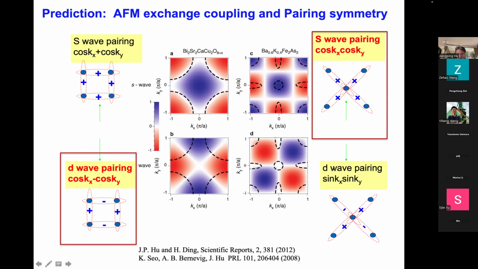But for the D wave, the form factors are all zero, located in these white regions. So you can immediately see that in the iron-based superconductors, if this antiferromagnetic exchange coupling is the origin of superconductivity, it will favor S wave. That's a very simple way to understand the pairing symmetry issues in cuprates and iron-based superconductors.